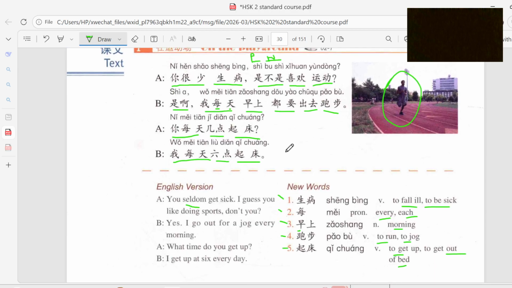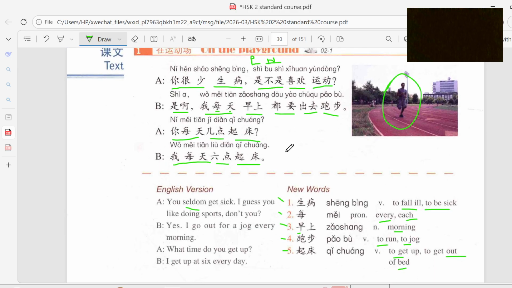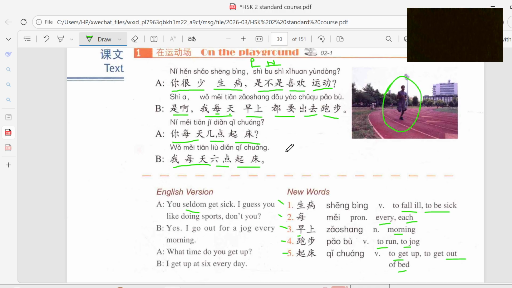Alright, you can look at this dialogue right here. Take some note of new words. And if you have any question, you can ask it. I give you 2 minutes to look at it.